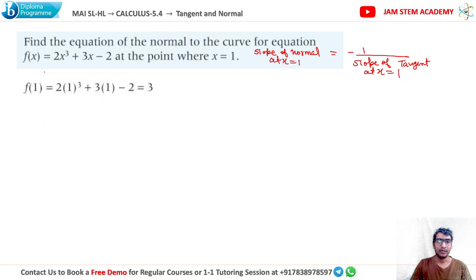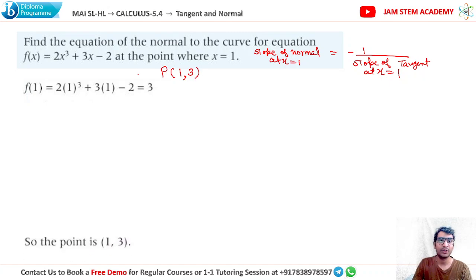So let's find that f of 1, put x equal to 1 in this equation. We get f of 1 is equal to 2 times 1 cube plus 3 times 1 minus 2, which comes out as 3. And now we got a point. What is that point? x equals to 1 and y equals to 3 is a point lying on the normal line.